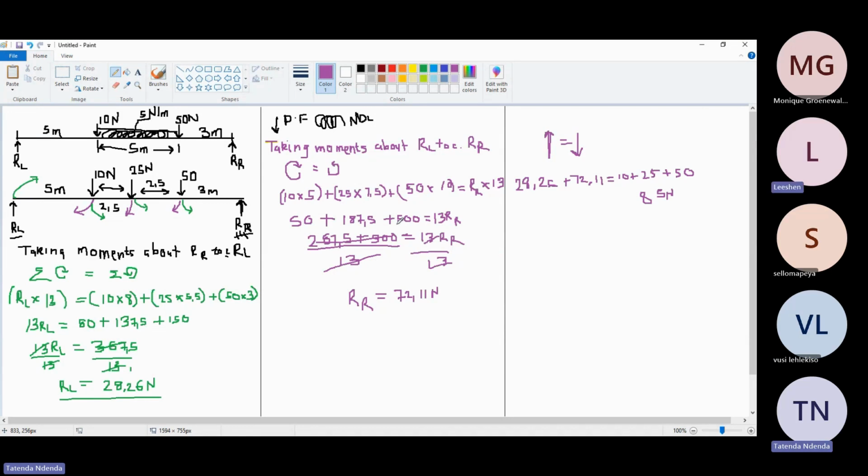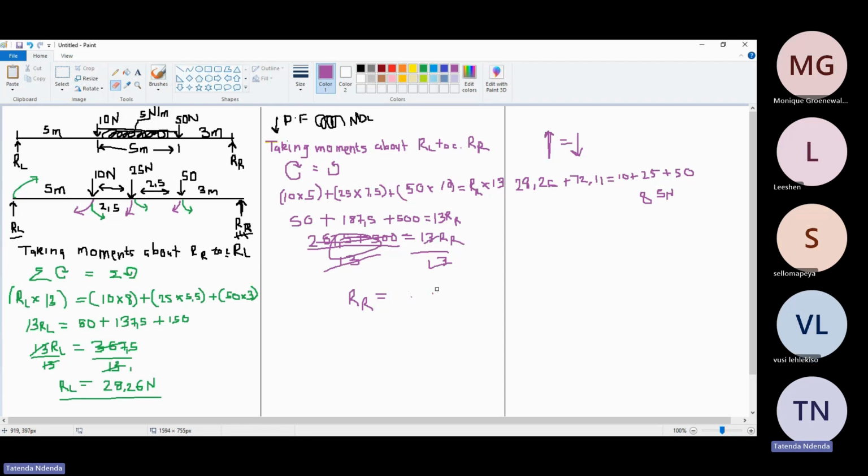By the part where we had to add up 50 plus 500 plus 187.5 equals 737.5, divided by 13, you get 56.73. Oh, so it was here, right? Can you correct that part, guys? Because I'm basing with you. I don't have a calculator with me at the moment.